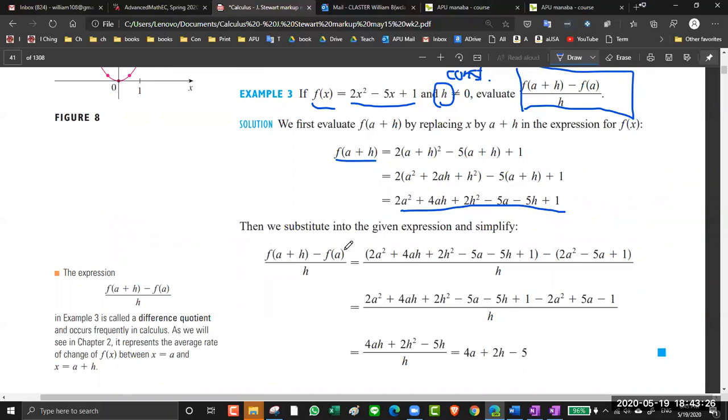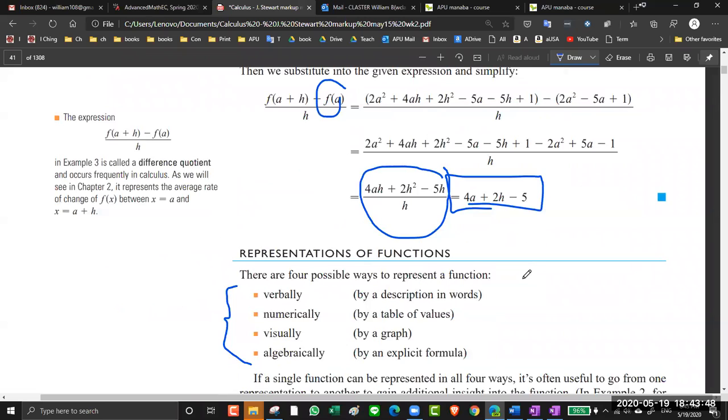And then they subtract this one, and they do all of this. And then they do a little bit more simplification here. Then they see that all the terms have an h. They cancel out the h, and we finally end up with that. Anybody have any questions about how to do that? Okay.